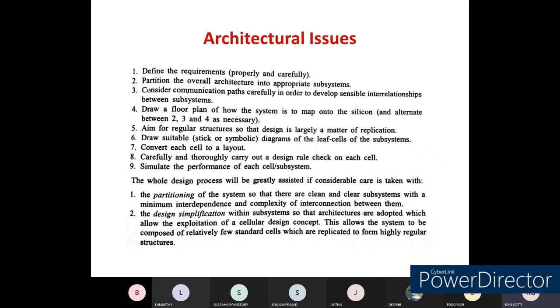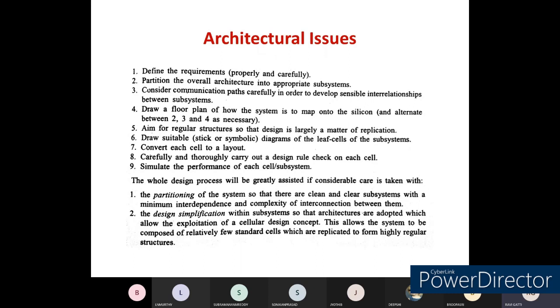Okay, so the first and fundamental thing you need to understand is the architectural issues. What do you mean by architectural issues? The ultimate goal of any designer or engineer is to get the best design from scratch, and it should be free from errors.